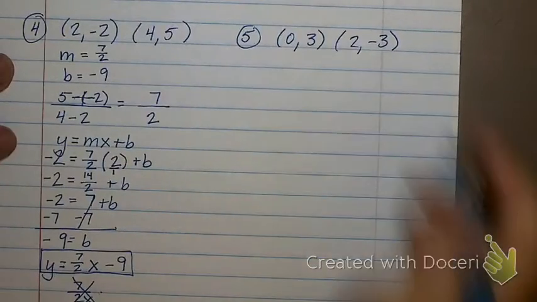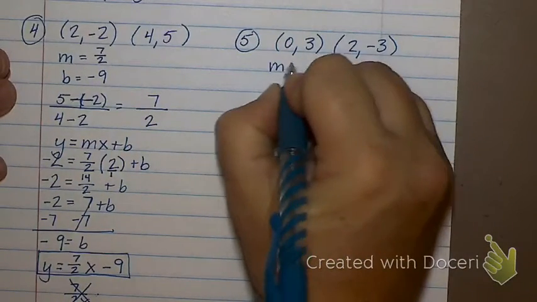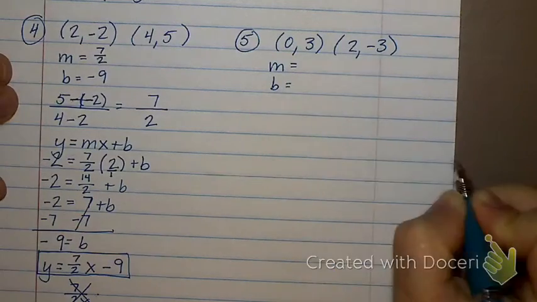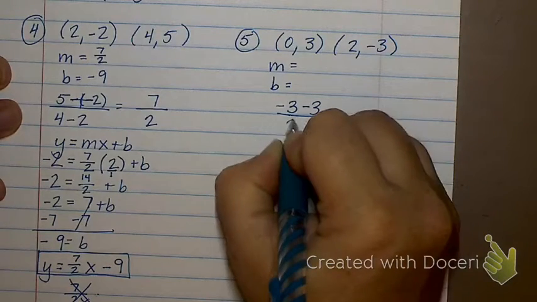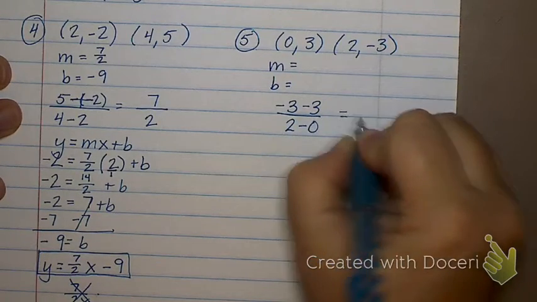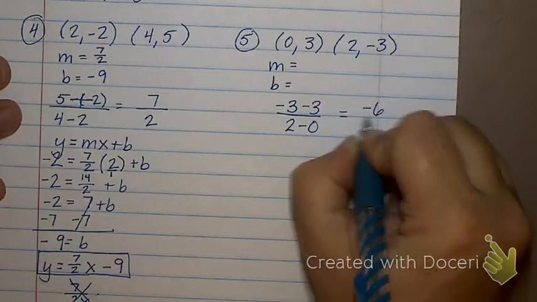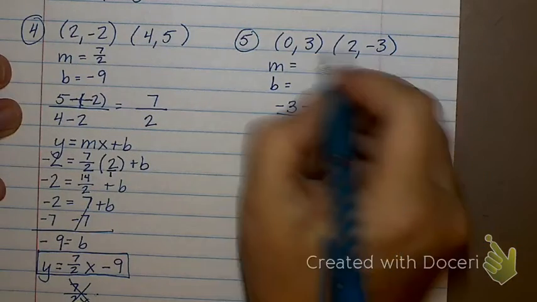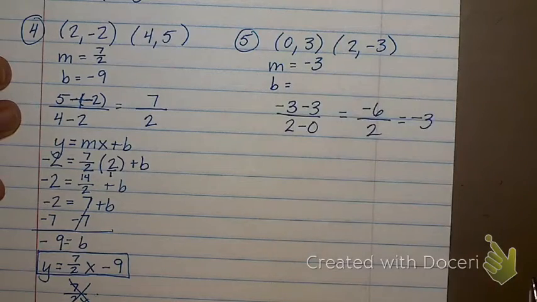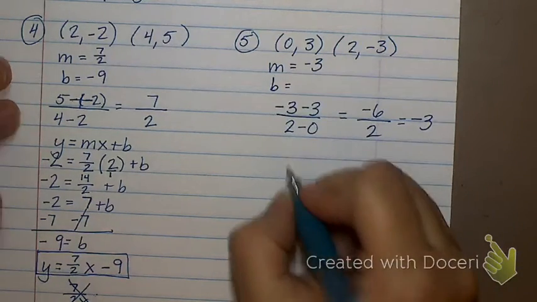All right, and the last one, number 5. I need slope and y-intercept. So let's see, negative 3 minus 3 over 2 minus 0. So negative 3 minus 3 is negative 6 over 2, which is negative 3. So my slope is negative 3. Not too bad. I'm going to use the first point.